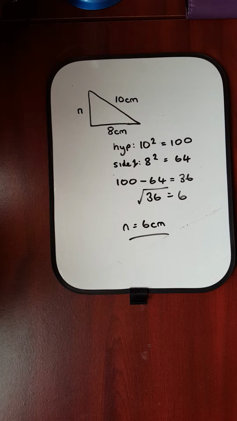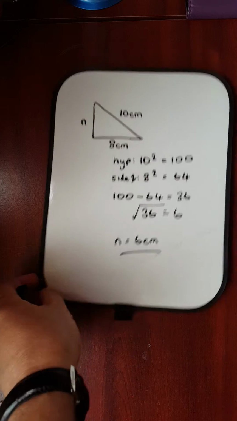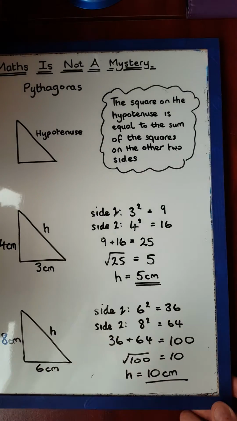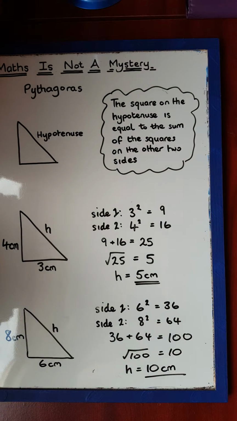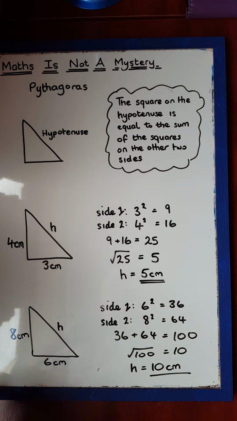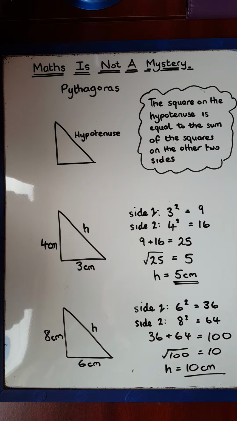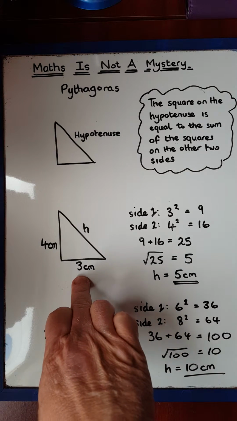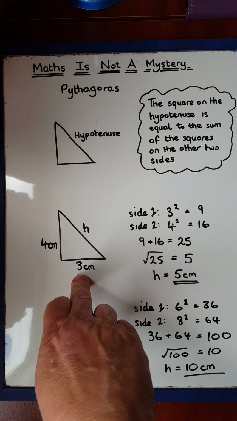Okay, let's just go back to the very beginning of this and check what the rule said to start with. It said the square on the hypotenuse is equal to the sum of the squares on the other two sides. So as a brief reminder, we take one of our sides and we square it.